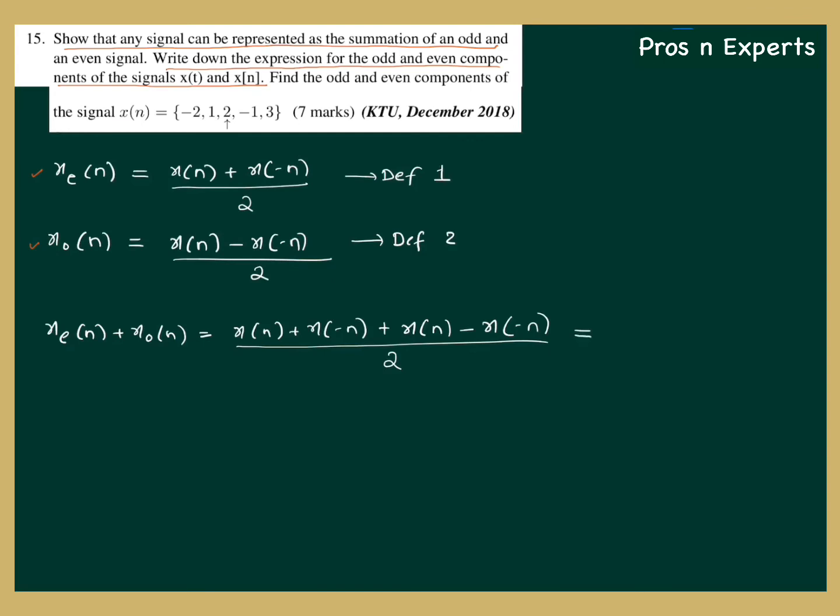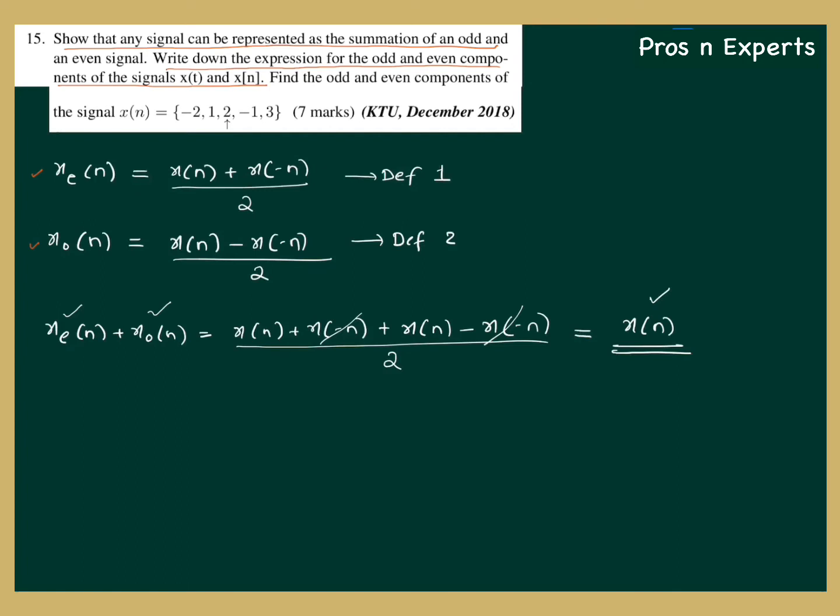These two terms cancel and give 2x of n by 2, which is equal to x of n. So we have proved that the even part of the signal x of n and the odd part of the signal x of n both add to give that same signal itself, x of n.